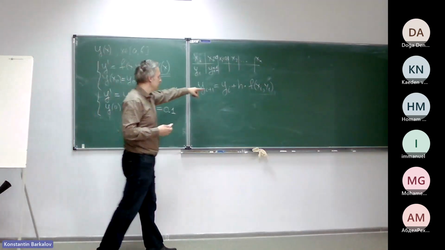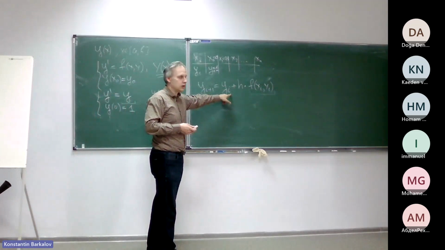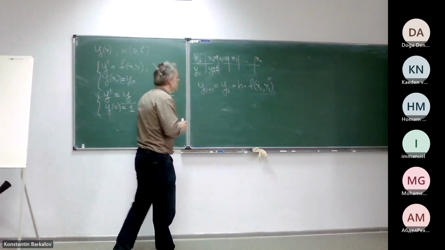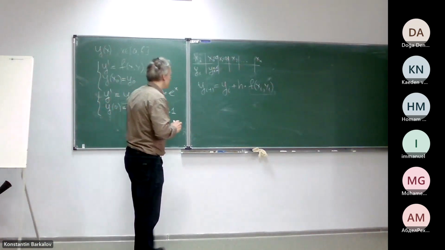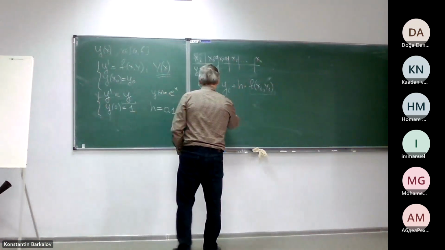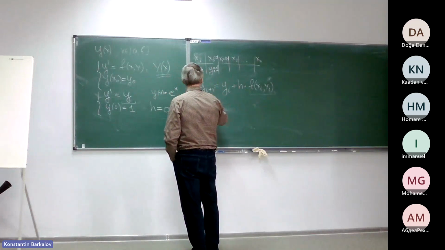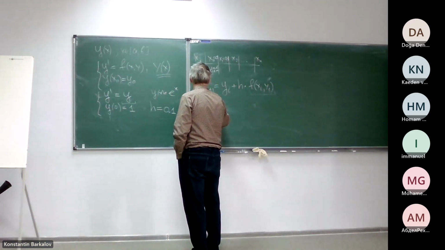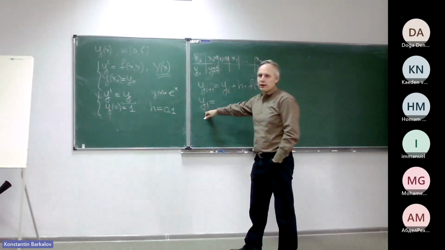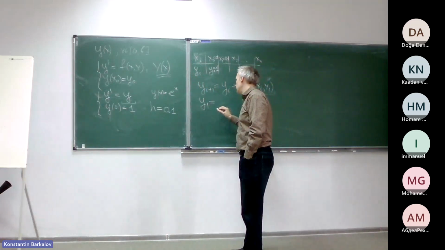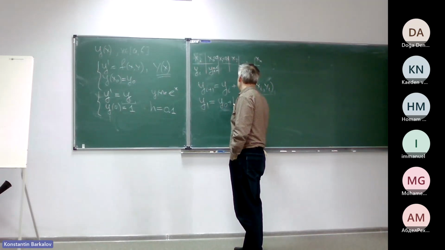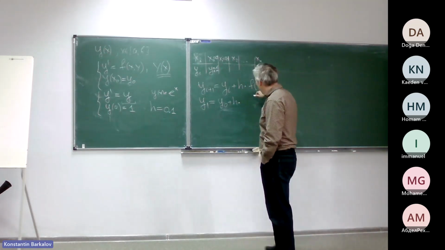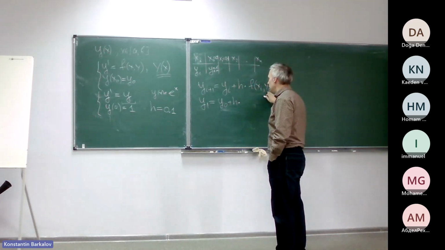We should start from i equals 0. When we write for i equals 0, y1 equals y0 plus h times f of x0, y0.